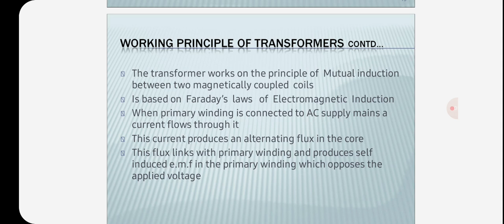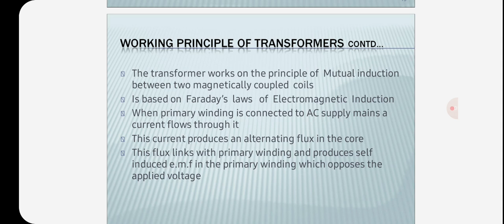Whenever a conductor links a changing flux, an EMF is induced in that conductor. This induced EMF is proportional to the rate of change of flux linkages and the number of turns.